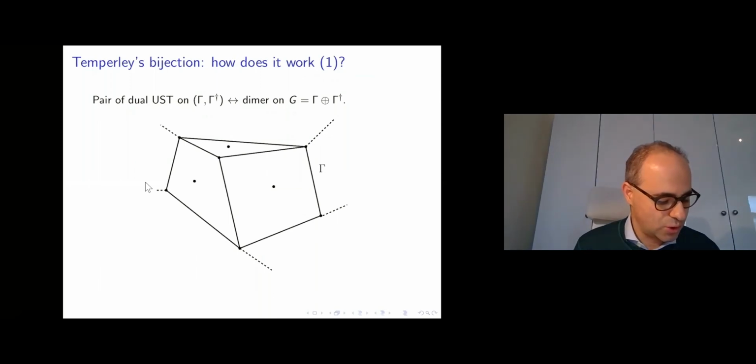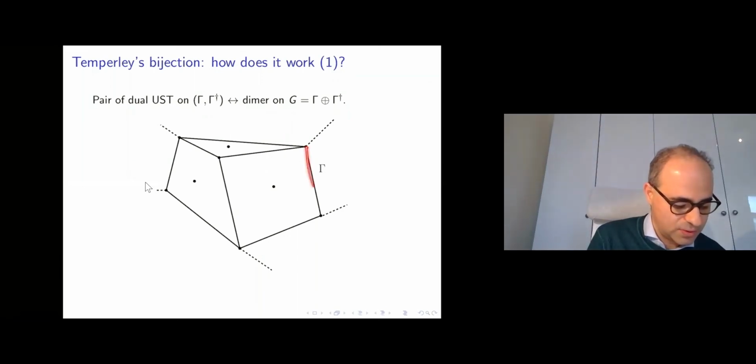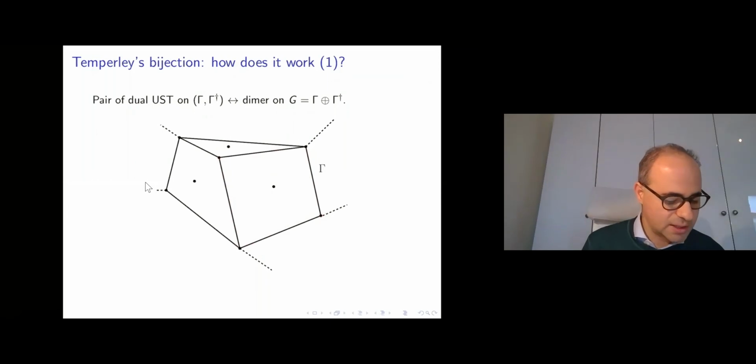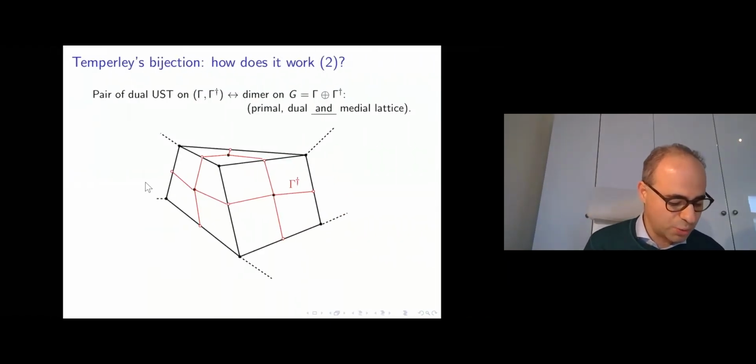But the way we start is as follows. We're going to start with a graph gamma. This is the graph gamma here, and this graph has vertices and edges, of course. It also has faces because this is a planar graph. And we're going to construct the superposition graph G, which, as I said, consists not only of the original graph gamma, but also of its dual.